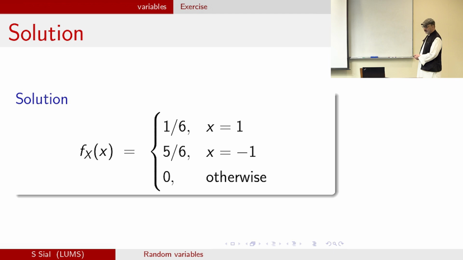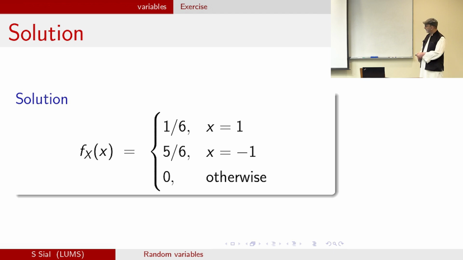If you give it the value minus 1, then it outputs 5/6, because the probability that x equals minus 1, we agreed, was 5/6. And if you give it any other input, well, the random variable x cannot take that value other than plus 1 and minus 1. So if you give it any other input, it outputs 0. Is that okay? All right, so that's the probability mass function for x.